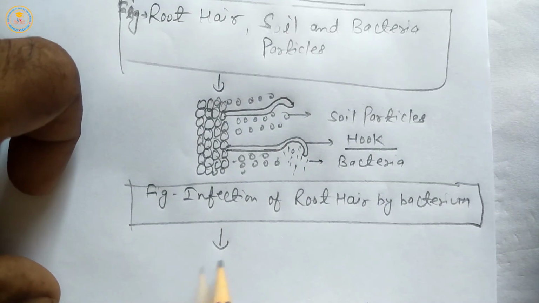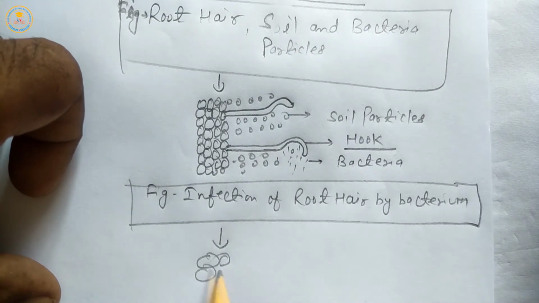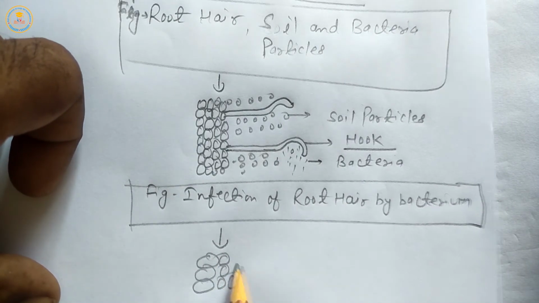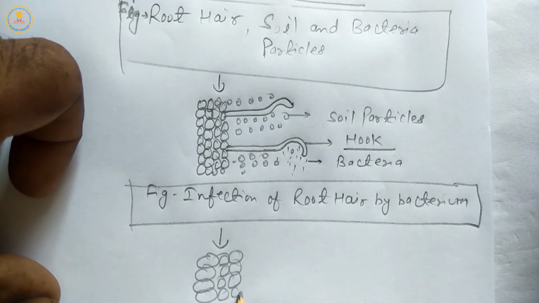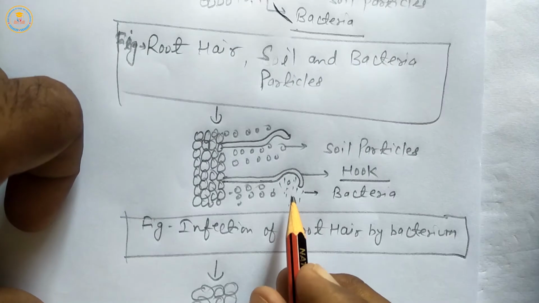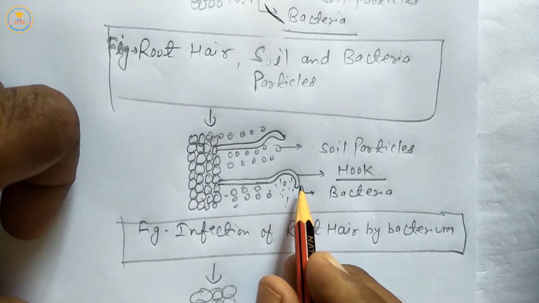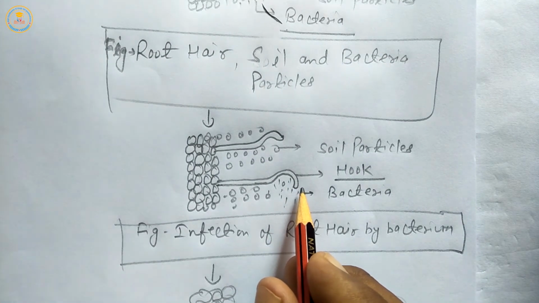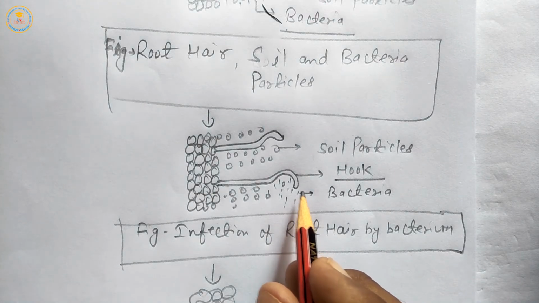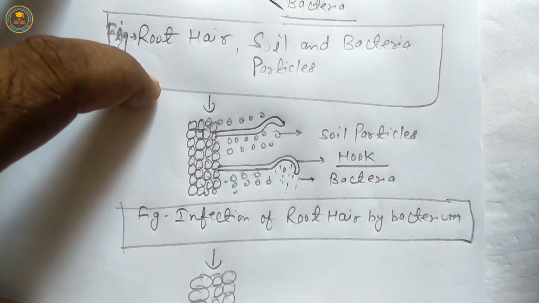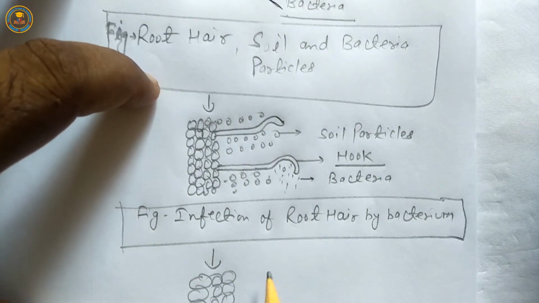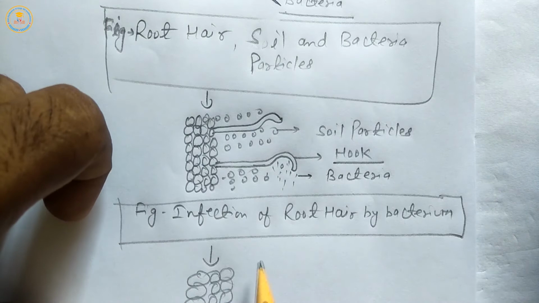Next, third is the rhizobium bacteria entering the root part, because when the root converts into hook-like structures, the root breaks in several parts, so the rhizobium bacteria enter into the root part.